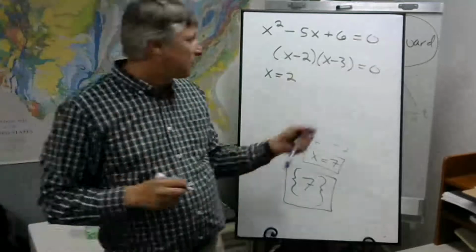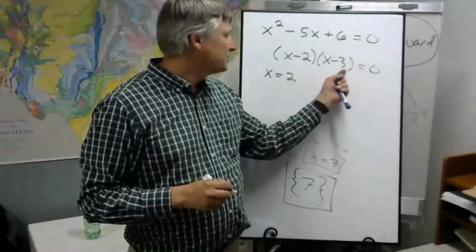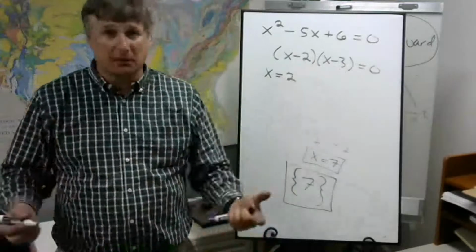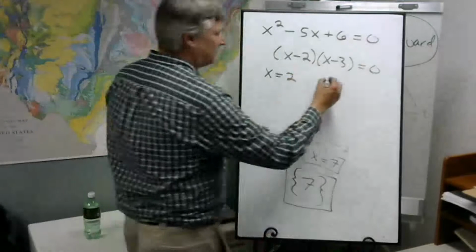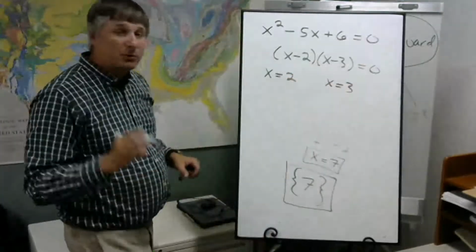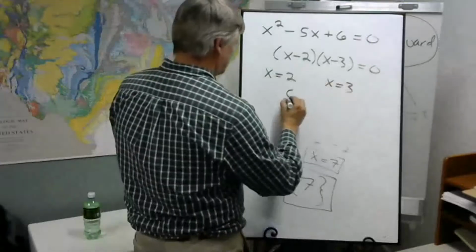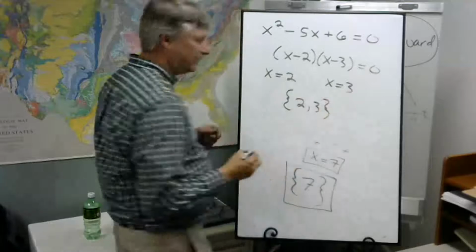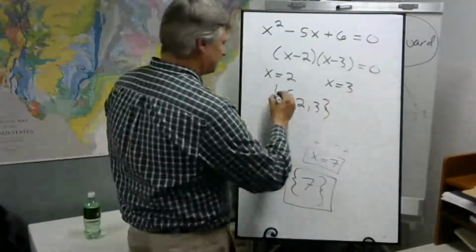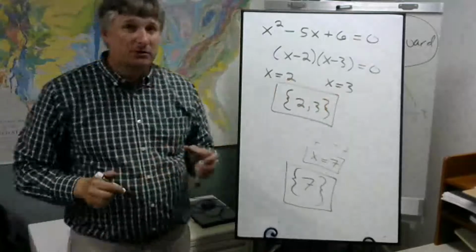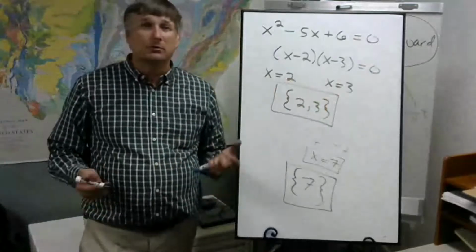If we let x be 3, 3 minus 3 is 0, 0 times this is 0, it zeroes everything out. So another solution is x equals 3. So in this case, there are two solutions in our solution set. Conditional equations have at least one or more solutions.